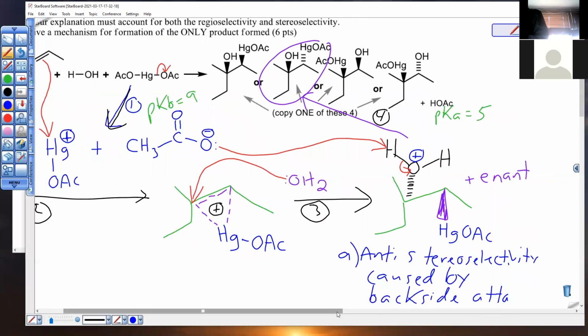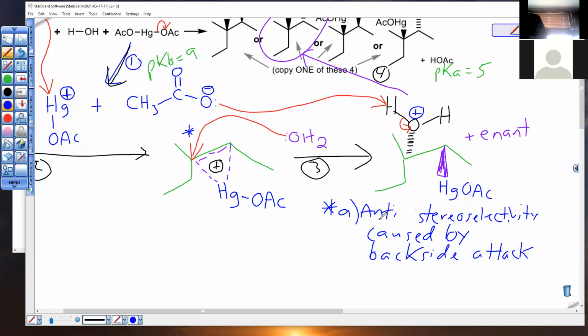I put my explanation over here, but really the reason I put it here is I see that one's a wedge, one's a dash. That's called anti, and the S looks like it's floating in space here. Stereoselectivity. And really, there's the anti-stereoselectivity. So I'll put a little asterisk here. Here's your backside attack right here.